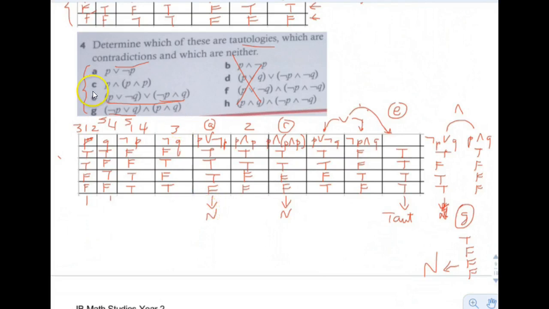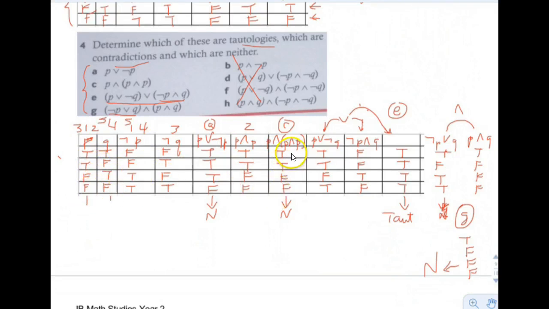Okay, now let's derive C. For C, the first thing you do is P and P. To get P and P, you take P and you AND it with itself. So true and true is true, true and true is true, false and false is false, and false and false is false. This is an intermediate result which we need to finish C. The way we find C is we're going to AND this one more time with P. So again, true and true is true, true and true is true, false and true is false, false and false is false.